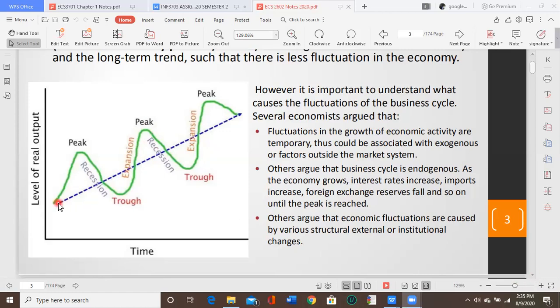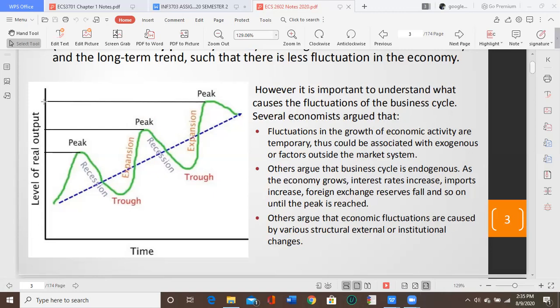And this one is known as the trend, the dotted line. If we draw a straight line here, this peak is lower compared to this peak, and this peak is also lower compared to this one.